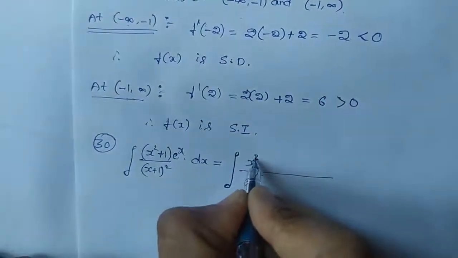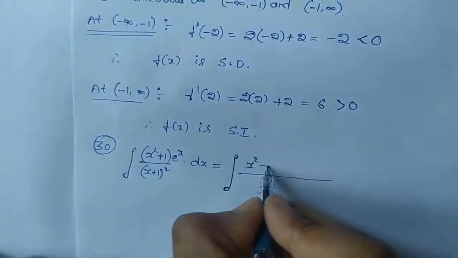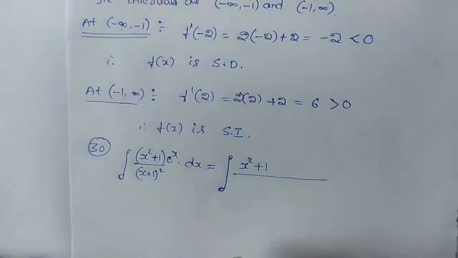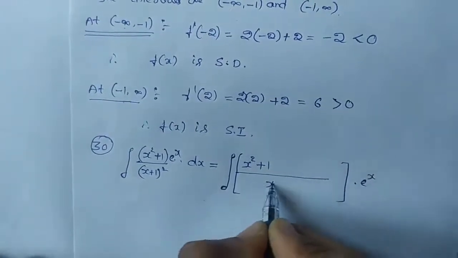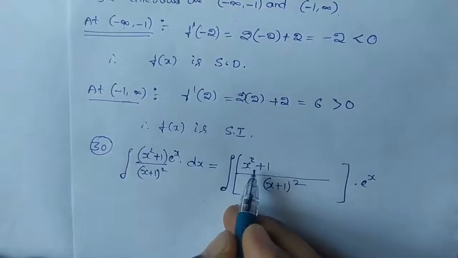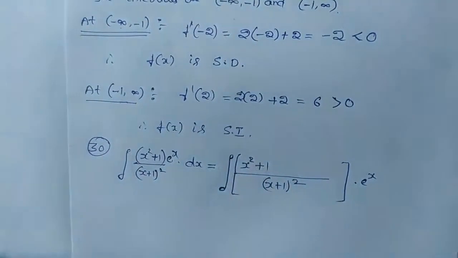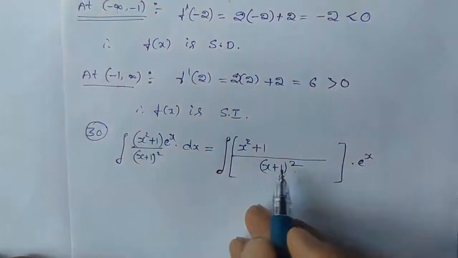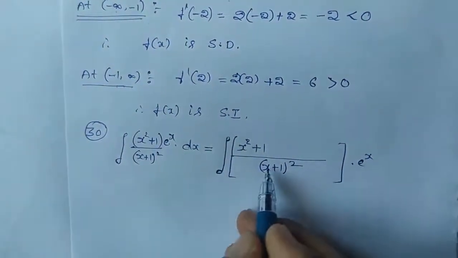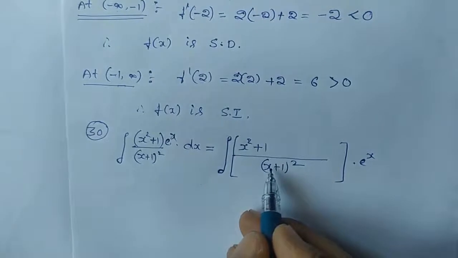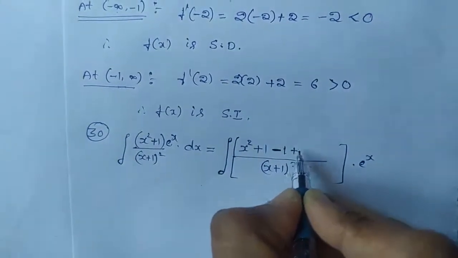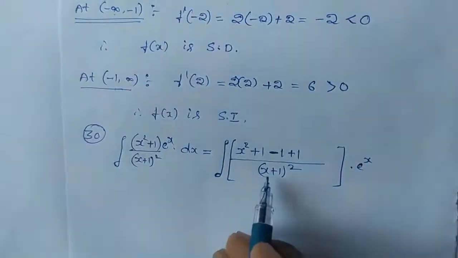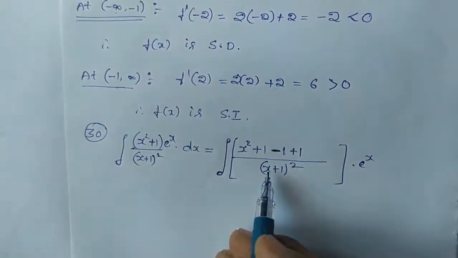I am rearranging the numerator because we need to simplify this integration in the form of f of x plus f dash of x into e power x, so I am subtracting 1 and at the same time adding 1 in the numerator.